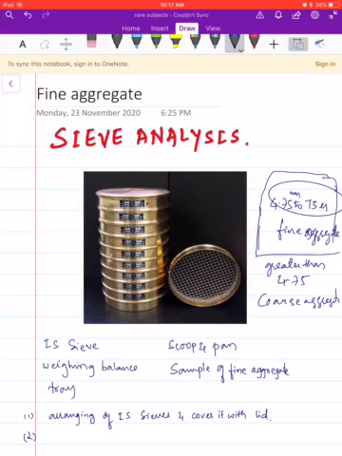So this is the IS sieve setup we have to use. Each sieve has a mesh inside with openings of different standards.